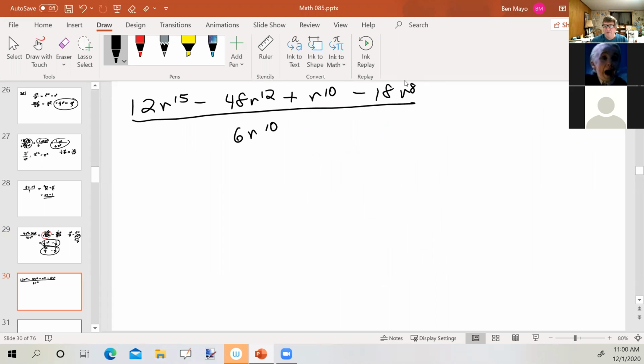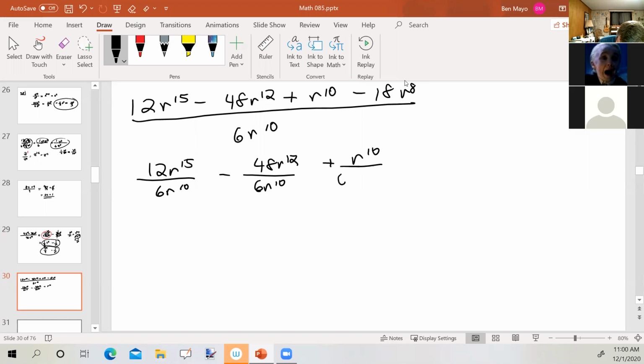So again, we have a polynomial divided by a monomial. So we take each term in the numerator and divide it by the term in the denominator. And then we go back and reduce each separate fraction.